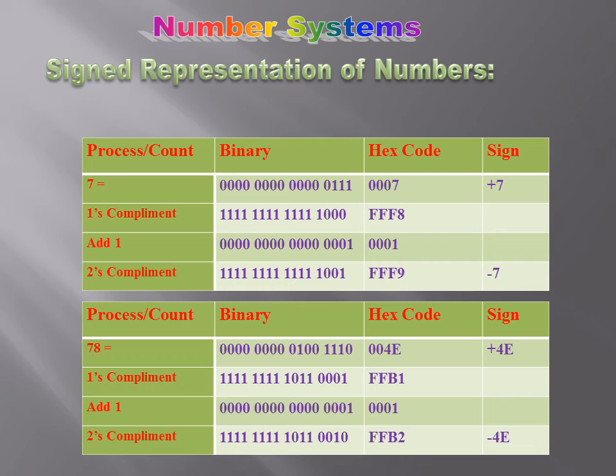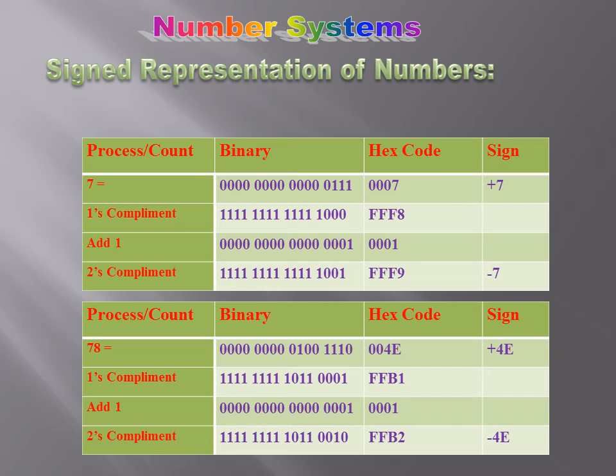In the same way, if 78 was a decimal number, in binary it will be represented as 00000001001110. If I represent it in hex codes, it will be 004E. So this number 78 is actually 4E, and because of the last bit being 0, it will be taken as plus 4E.